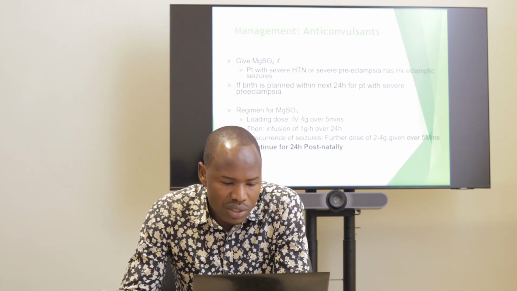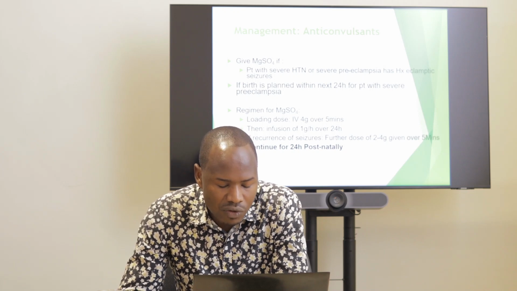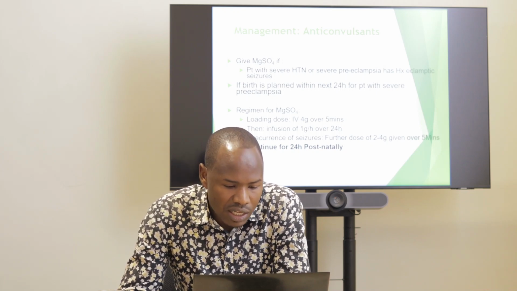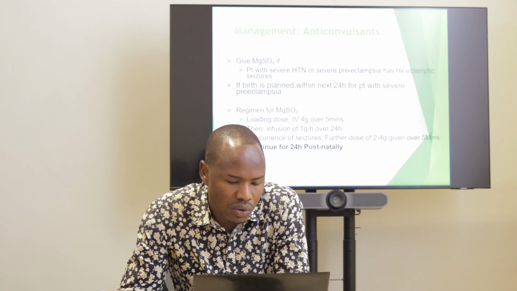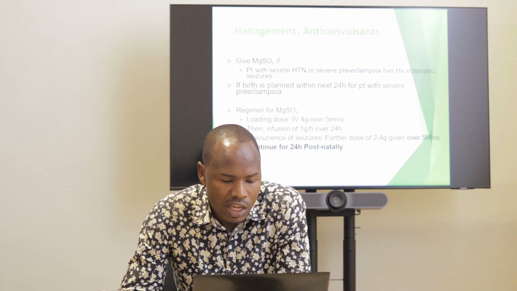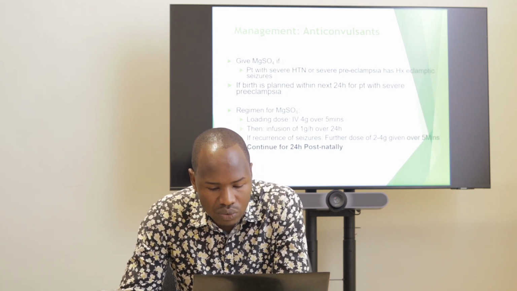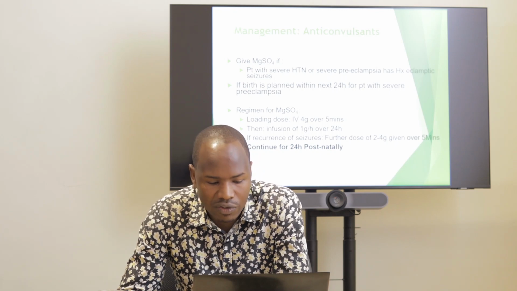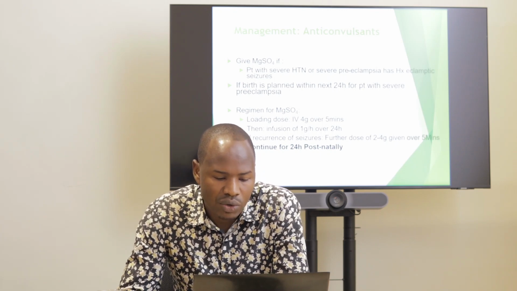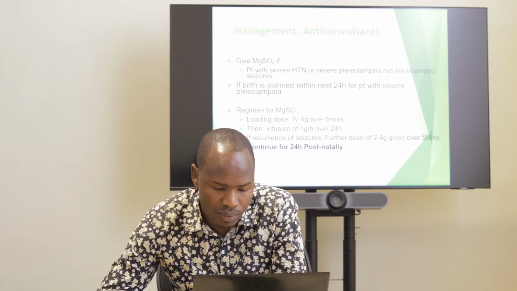We give a loading dose of 4 grams IV over 5 minutes, then infusion of 1 gram per hour over 24 hours. If recurrence of seizures, further dose of 2 to 4 grams is given over 5 minutes, and you have to continue for 24 hours postnatal.